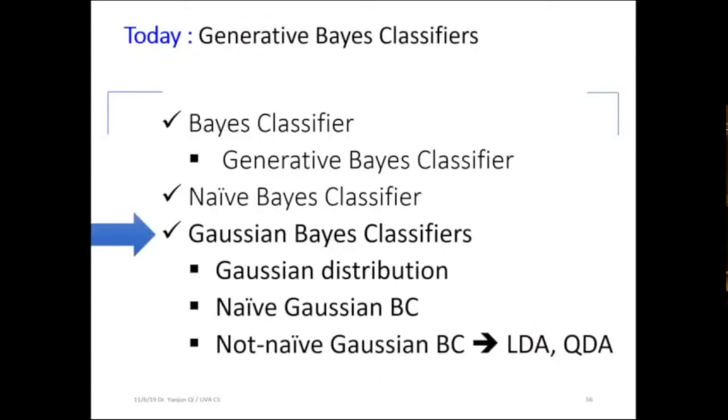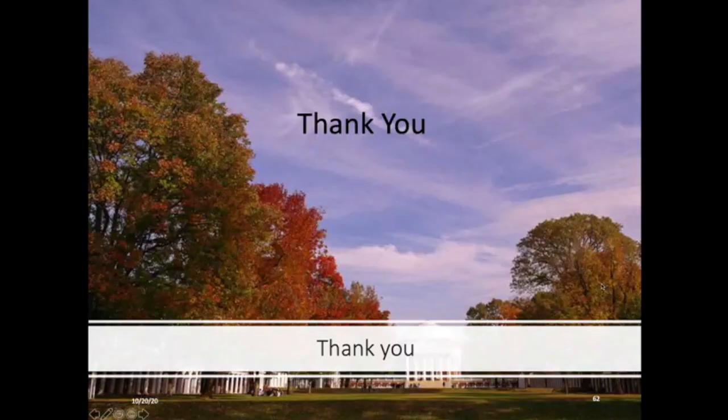Next time we're going to talk about the Gaussian Bayes classifier, because here I'm assuming all the variables are discrete, either Bernoulli or multinomial variables. But how do you handle it when it's continuous, right? Great. So this is the end of this module. See you in the next module.